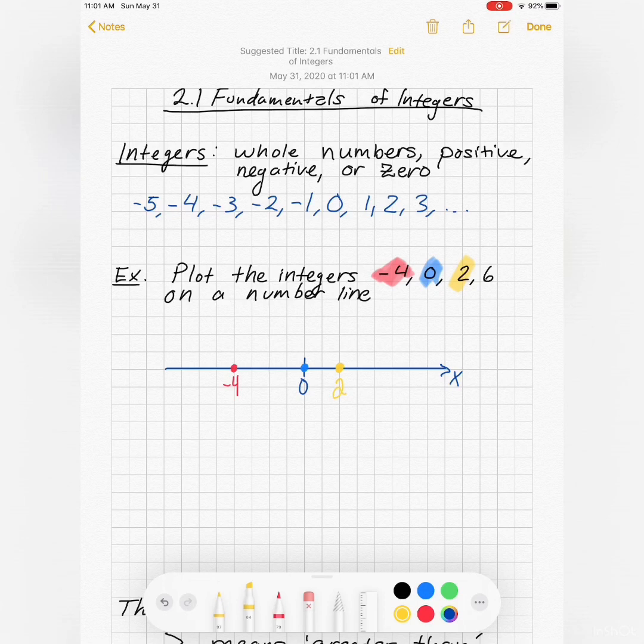And one more. Here's 6. +6, so 1, 2, 3, 4, 5. Here's 6. There's the dot, and let me label it. Okay, so I've plotted the integers -4, 0, 2, and 6 on what we call a number line.